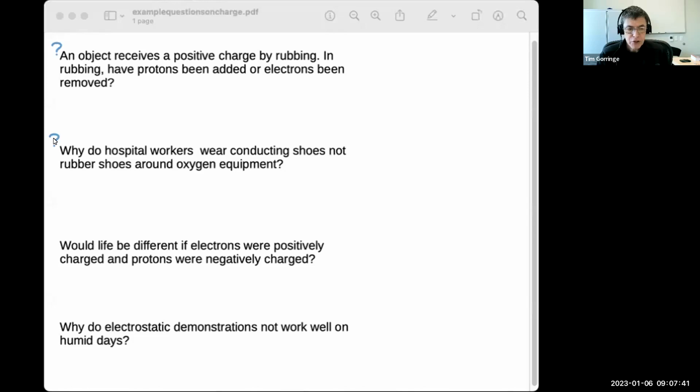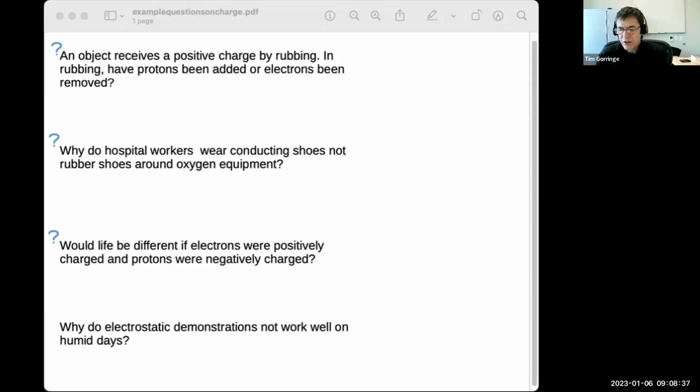So for rubber shoes, insulating shoes, where charge can build up, it can build up so much that it can be released in a spark in the air. And that could, in a high oxygen environment, cause a fire or an explosion. On the other hand, in conducting shoes, the charge can't build up. So you can't get a spark. So you can't create a fire or an explosion with conducting shoes.